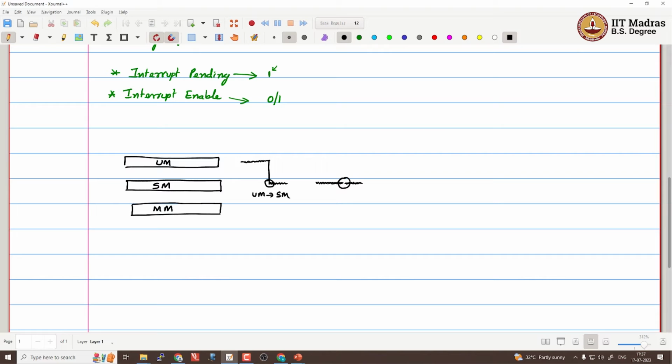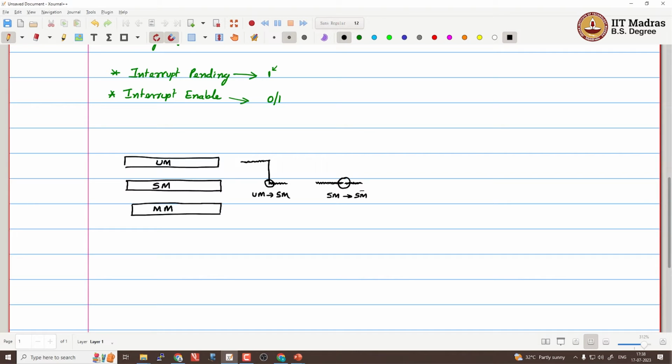On the other hand, if the CPU core was already in the supervisor mode, there is no switch, but the event is still serviced. So there is no apparent shift in mode, but the event is getting serviced by some particular function.